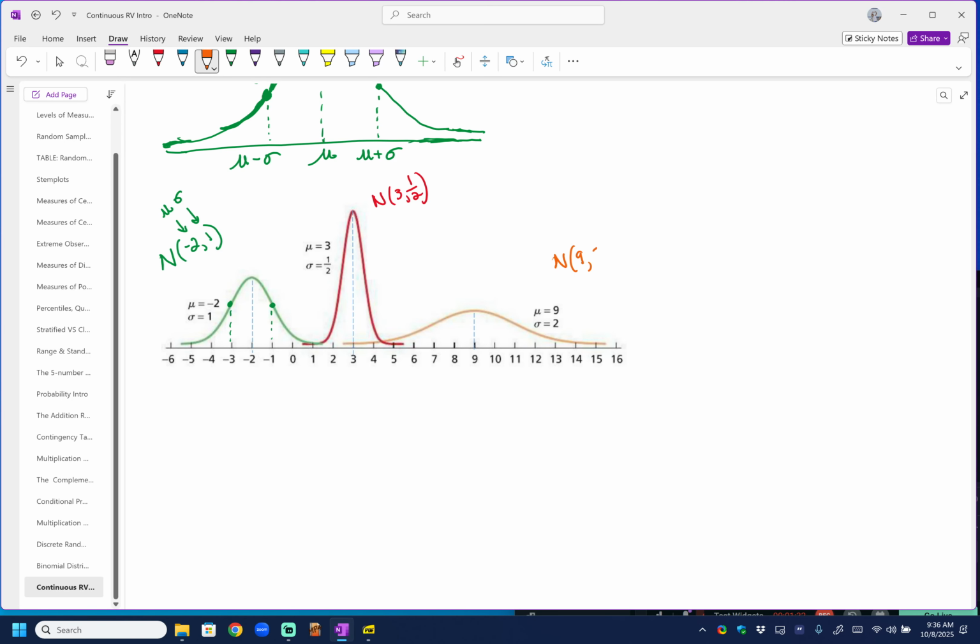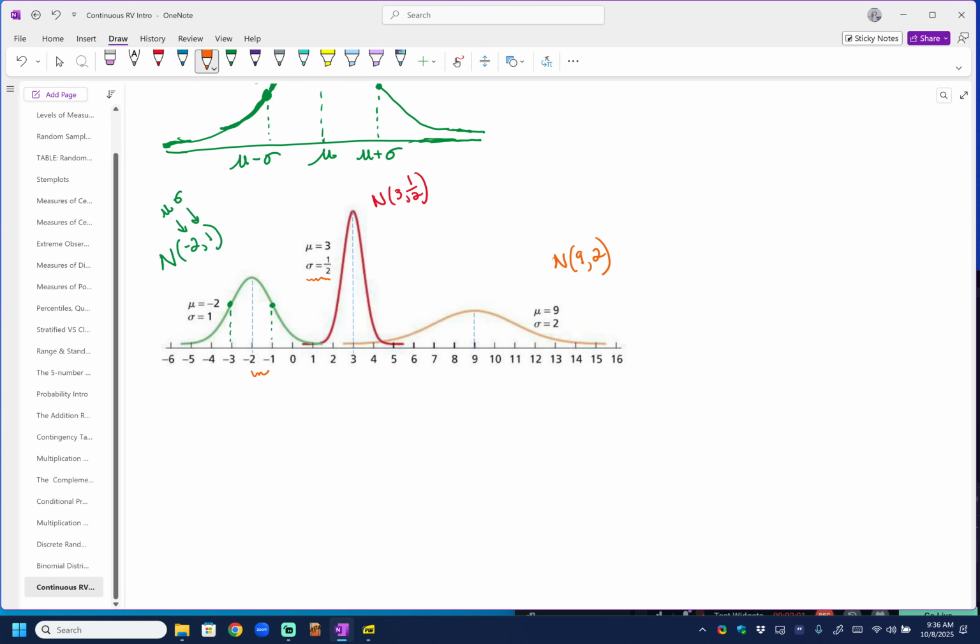The means are just changing because we're moving the curves along the axis to a higher value. So there's really no relationship between those values. But there is a relationship between the standard deviations. If this standard deviation is 1, when we move over to this curve and the standard deviation is 1/2, you'll see it's a skinnier curve.